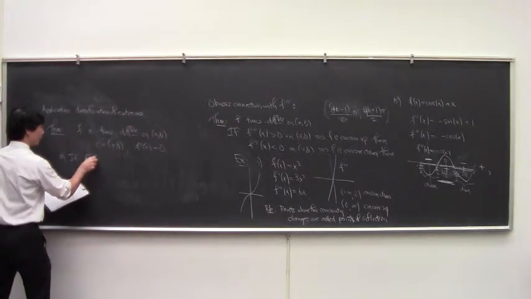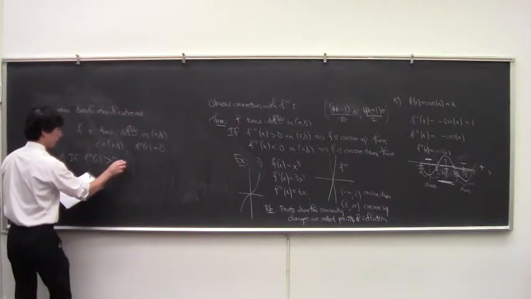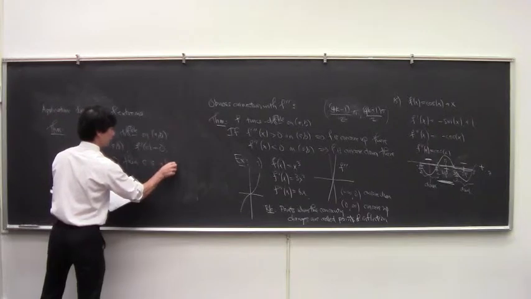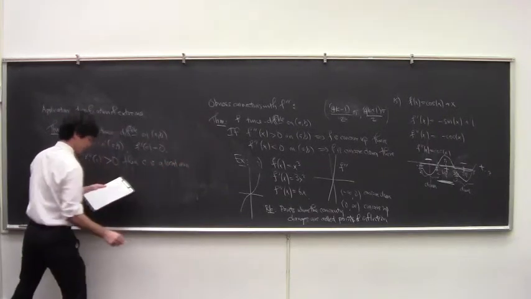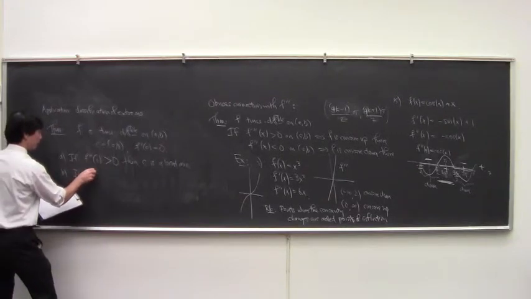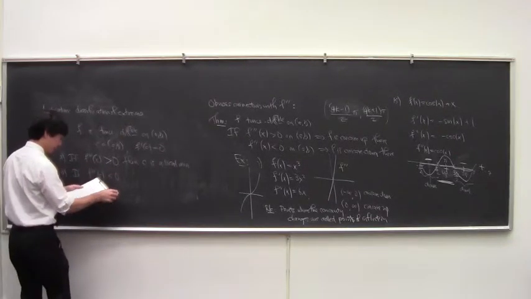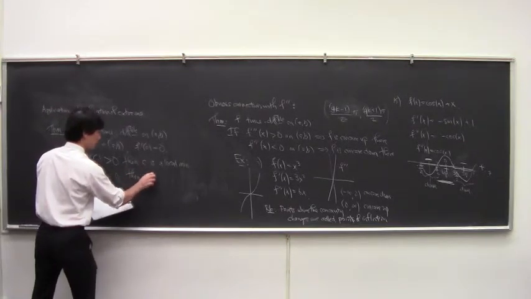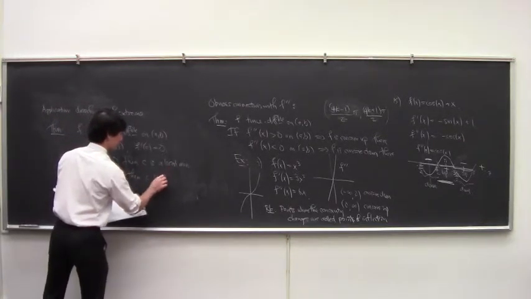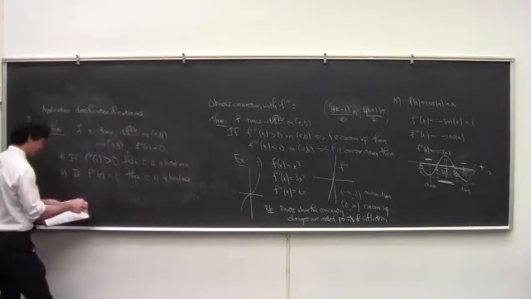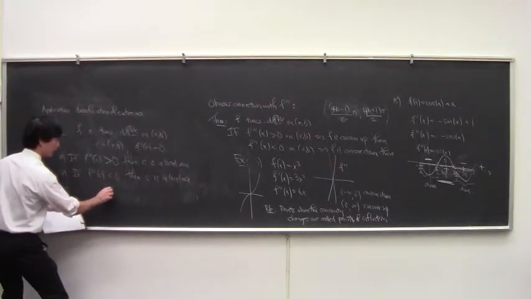If f double prime of c is positive, then c is a local min. If f double prime of c is negative, then c is a local max. And if it's 0, then you don't get any information.